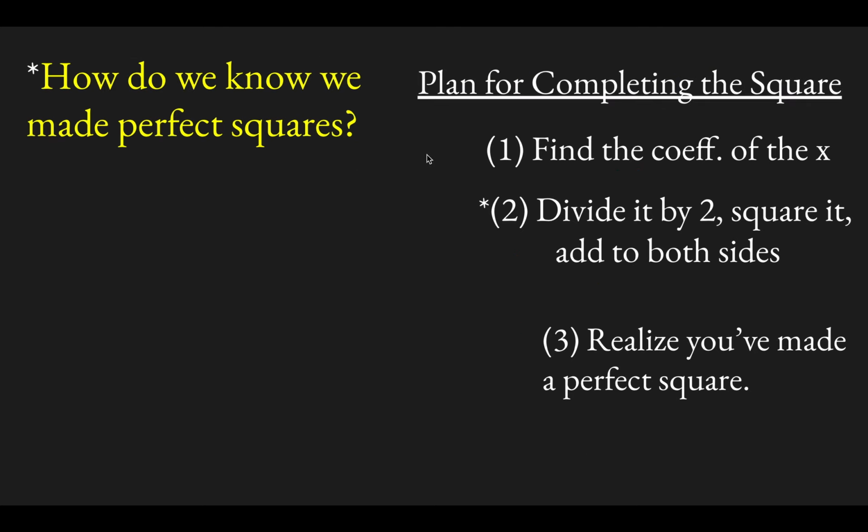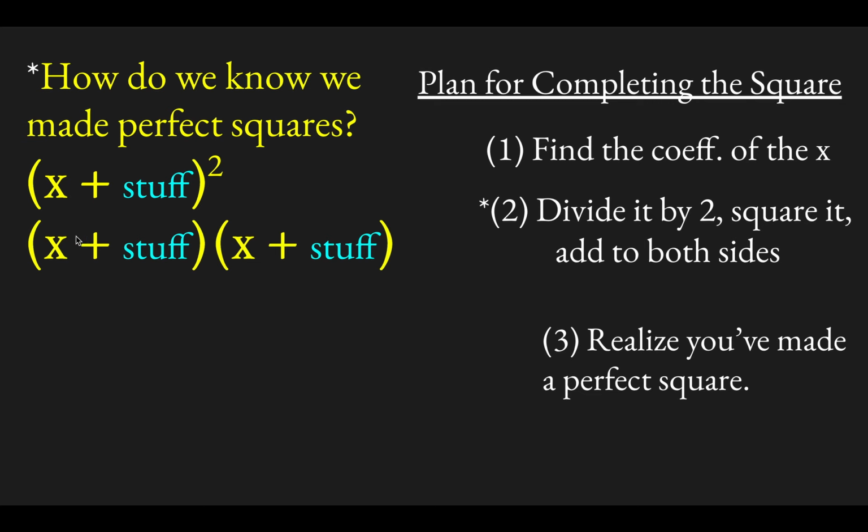Now, how do we know we made perfect squares with this second step where you divide by 2, square it, and add to both sides? Well, you may remember from Algebra 1 that if you have something like x plus some stuff squared, you can FOIL that out by realizing that x plus some stuff squared is just x plus stuff times x plus stuff.